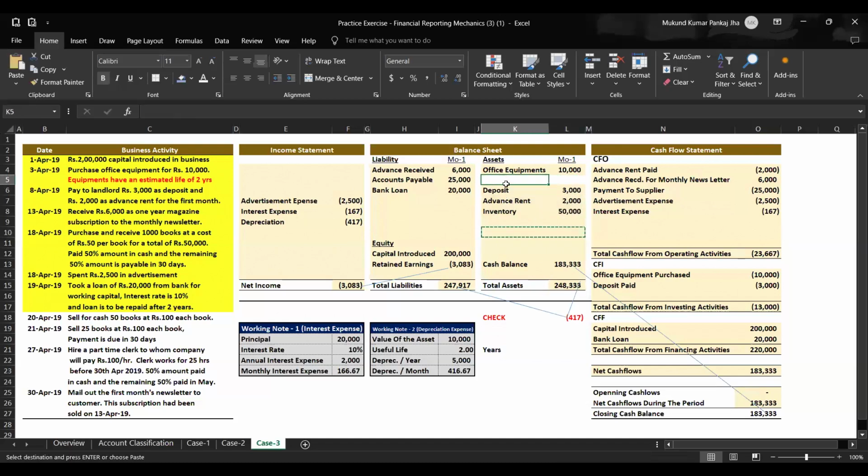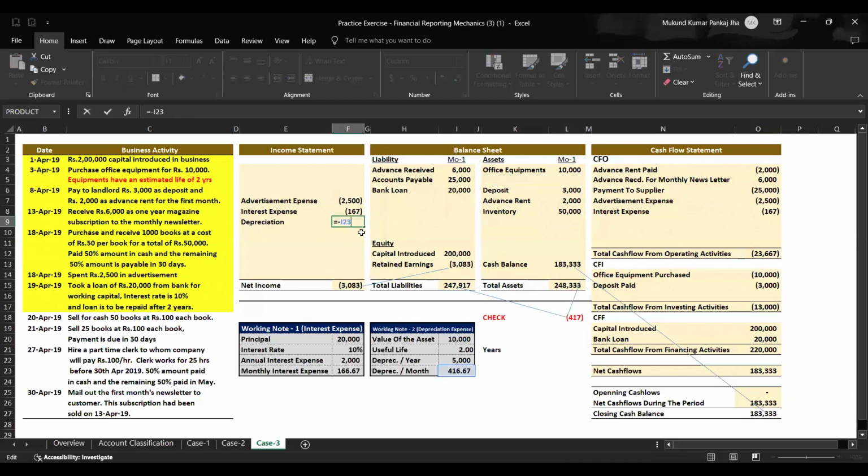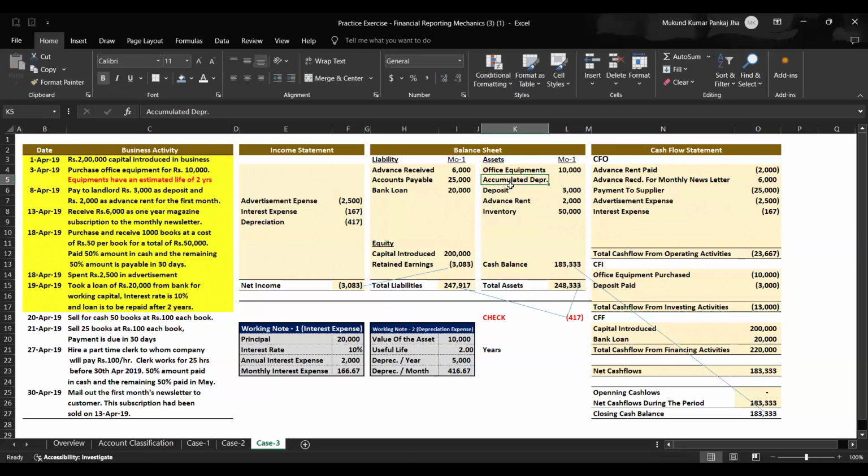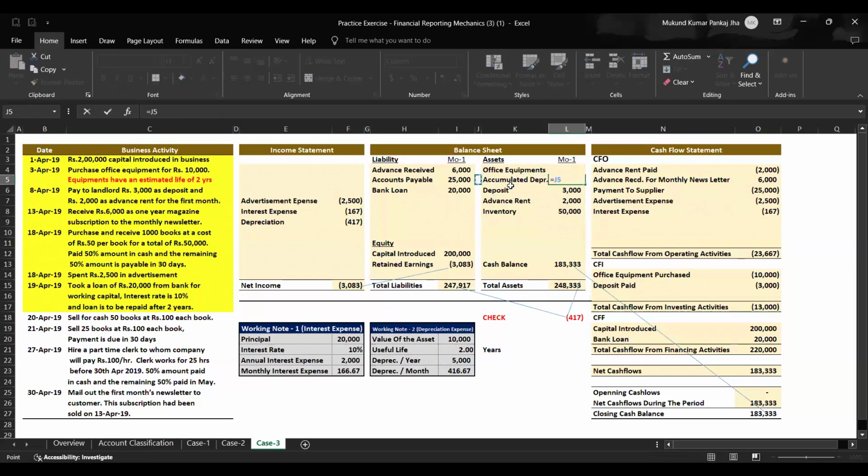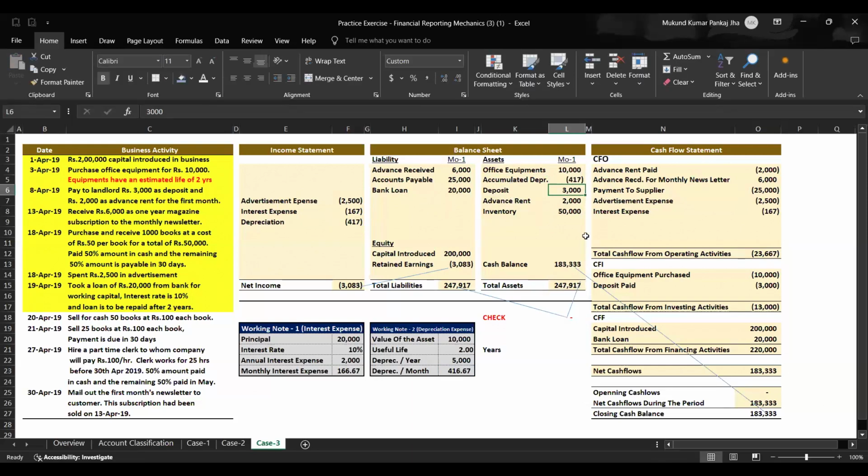Yes, so one entry is in expense. One entry is already recorded in the expense part. Where would be the other entry? It would be the contra asset, that is accumulated depreciation. And that would be 470.